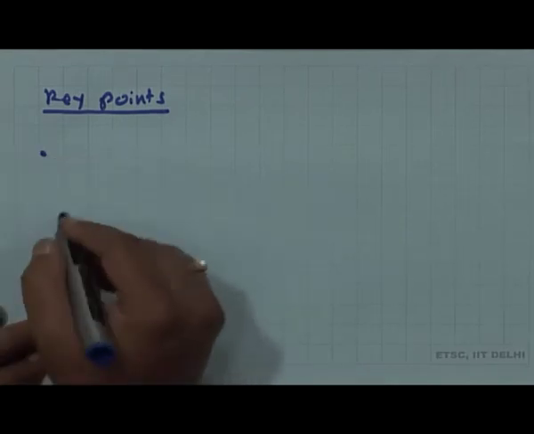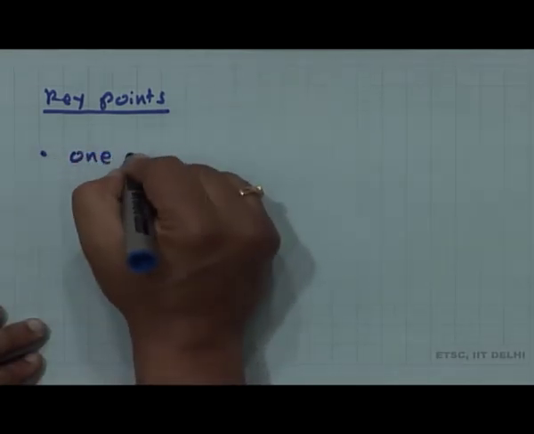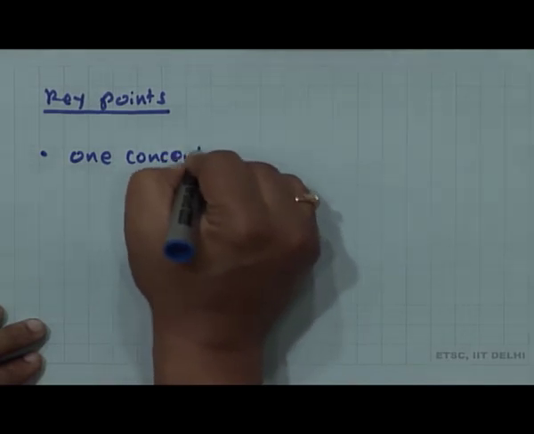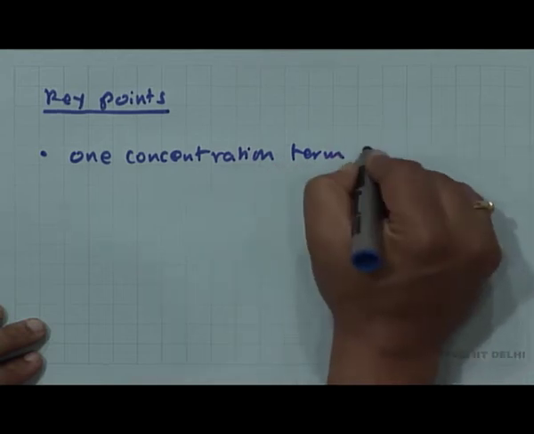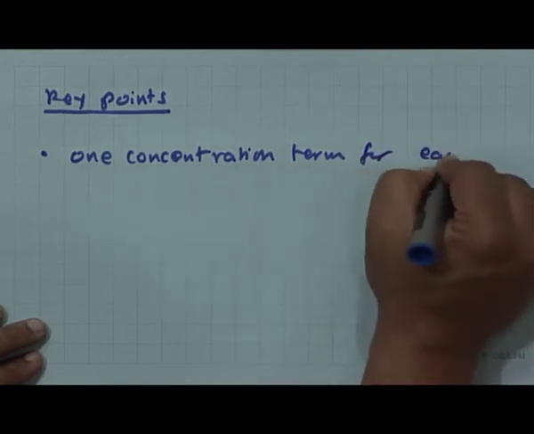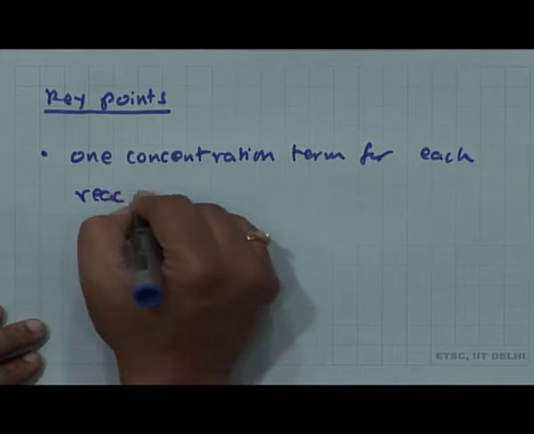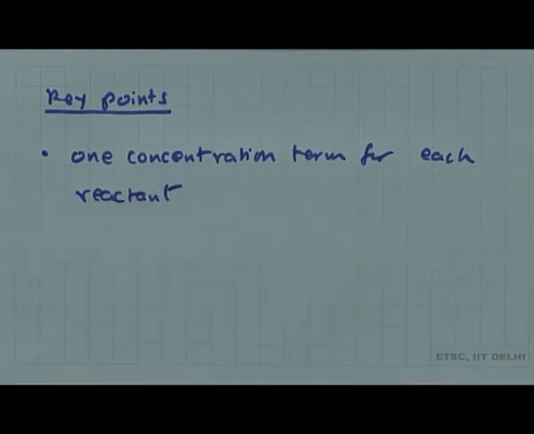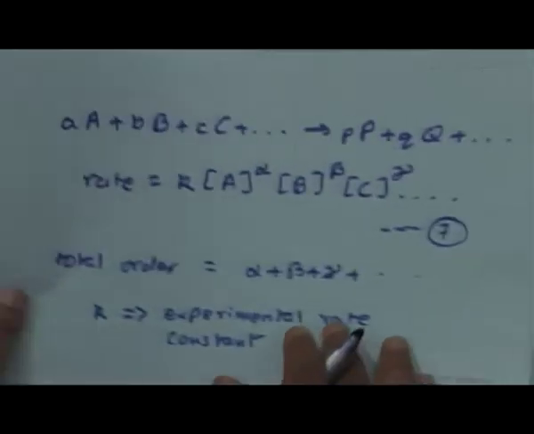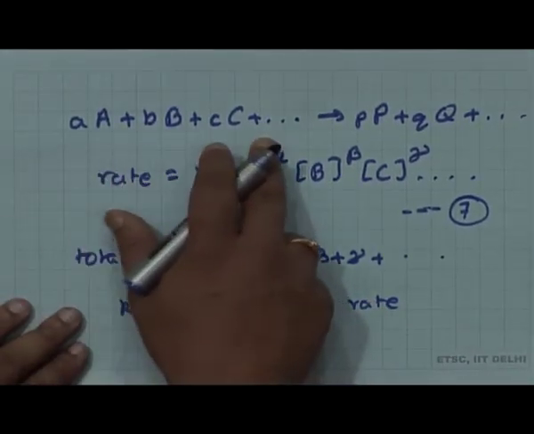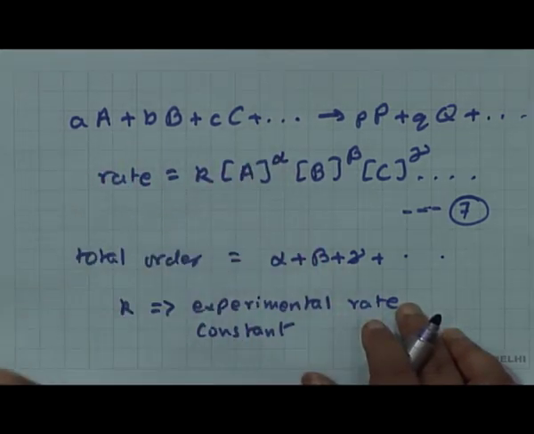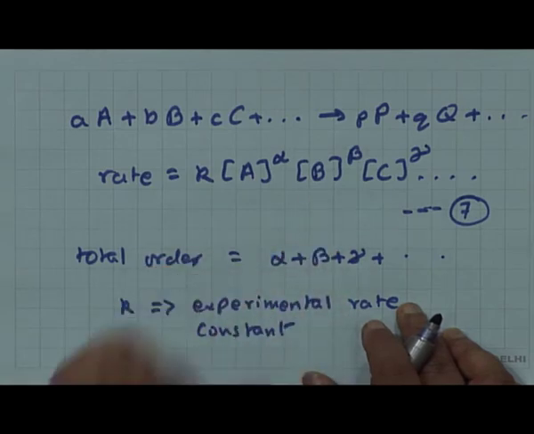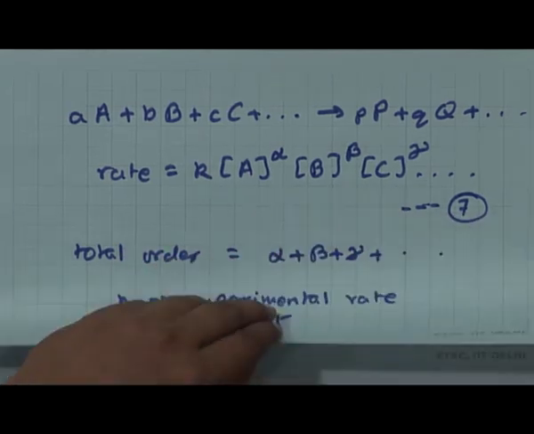So, there is one concentration term for each reactant. For example, where we had the reactants A, B, C, there was one concentration term for A being a reactant, there was one concentration term for B, there was one concentration term for C, and so on.